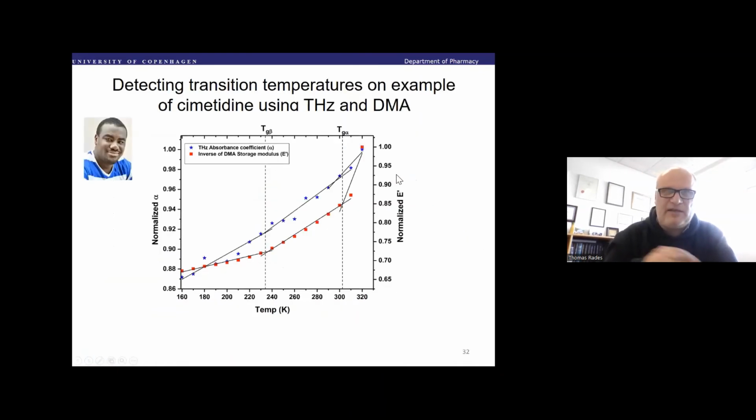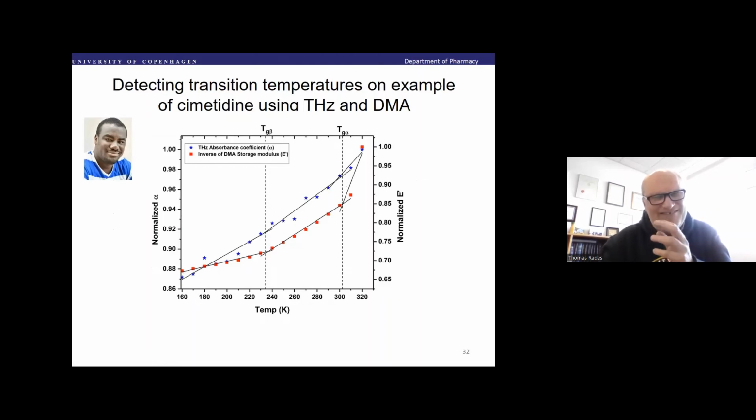And what we did on top of that was use a whole range of other methods, most importantly DMA, dynamic mechanical analysis, to determine the storage modulus of our amorphous material at different temperatures. If we do that, we again see two changes in the slope: one at the glass transition temperature and one at the beta relaxation. So this is a very convenient way to determine the beta relaxation.